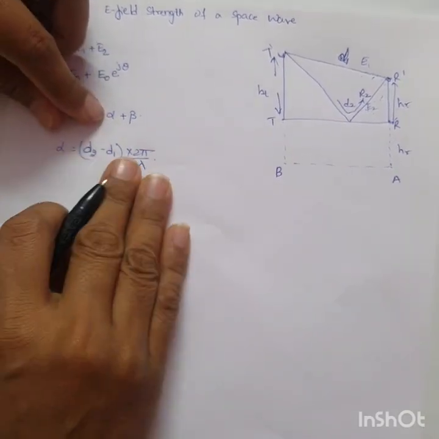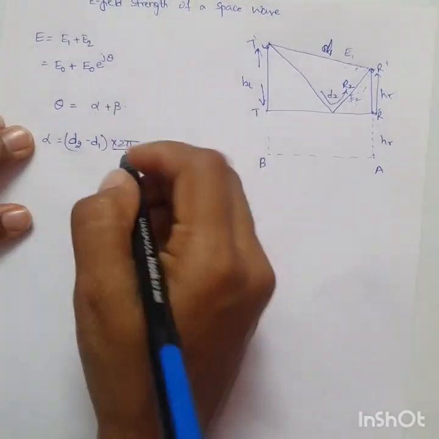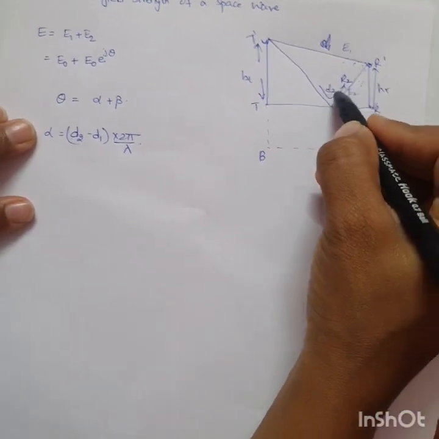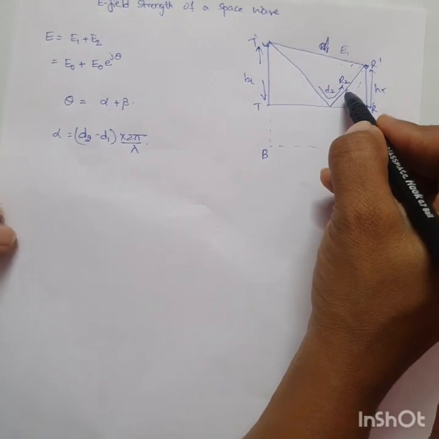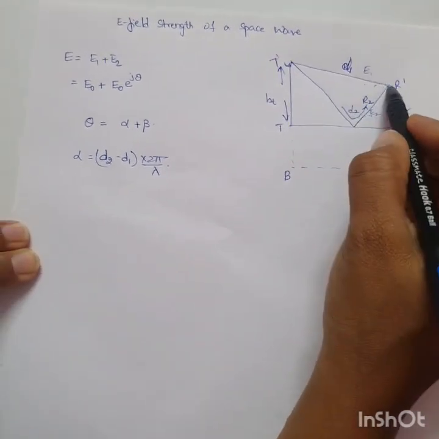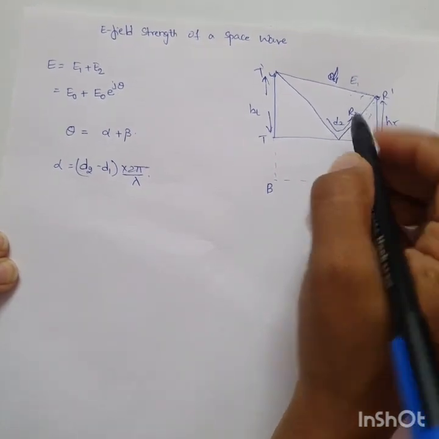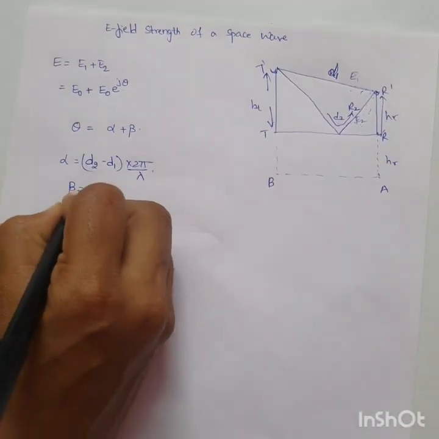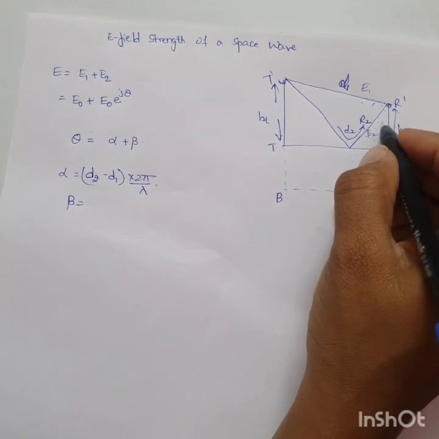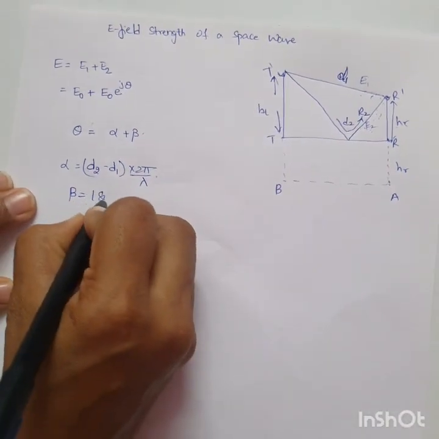This is the angle alpha. Because path 2 is the reflected ray, when compared with the direct ray it has a 180 degrees phase reversal. So path 2 has an extra phase difference of 180 degrees.